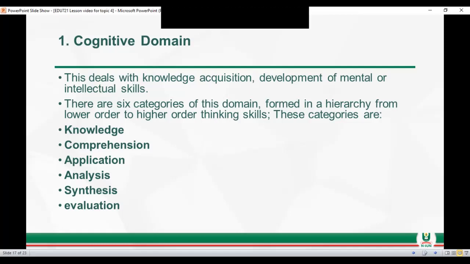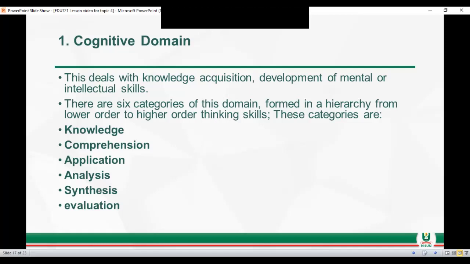Then synthesis. Synthesis has to do with building or creating new tasks or new principles. Synthesis has to do with putting things together, putting different parts together to form a whole, with a view to creating a new meaning out of what has been taught.